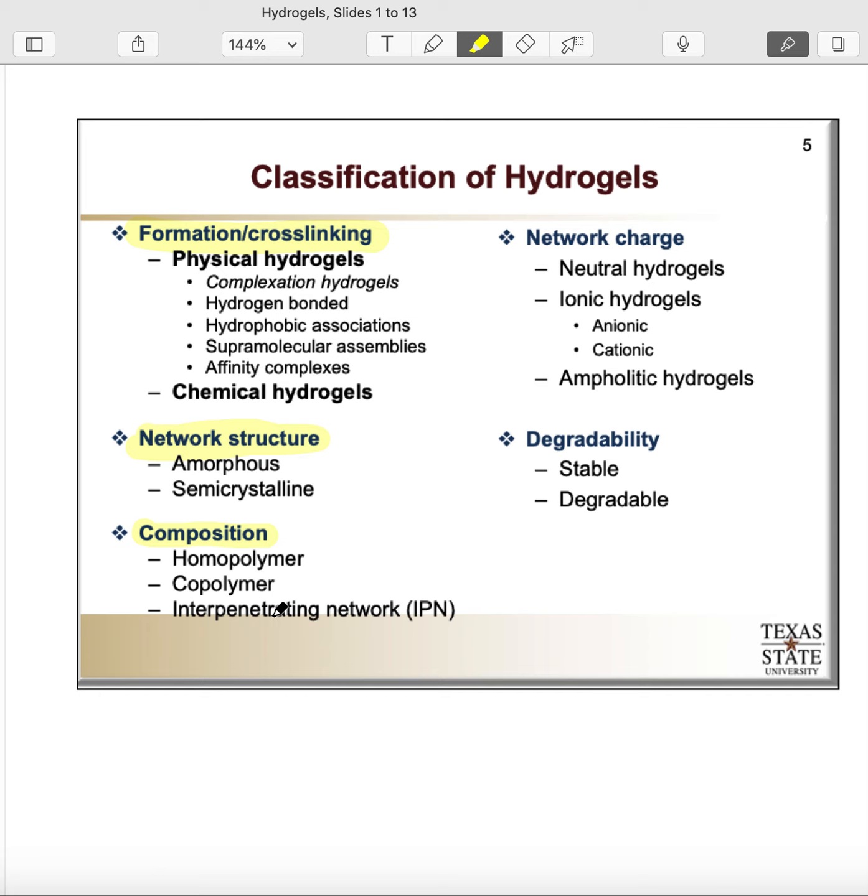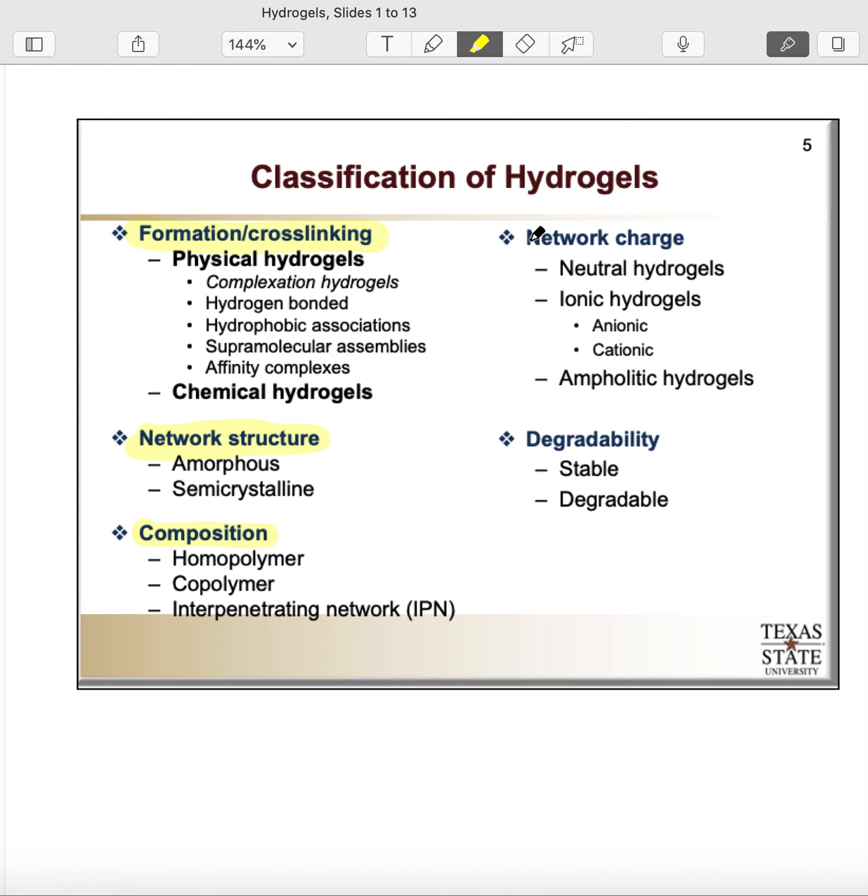So you end up with two polymer systems that grow around each other and that are not chemically linked one to the other, but are intertwined one within the other, and they end up being cross-linked in a physical way, but within themselves, each of the polymers is cross-linked chemically. Again, we'll look at those later on, giving you some examples.